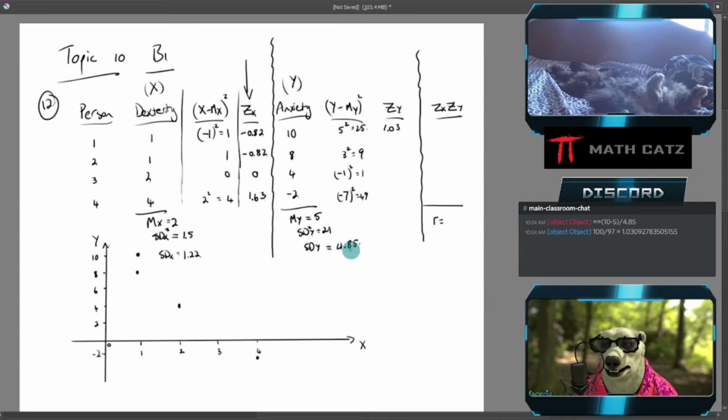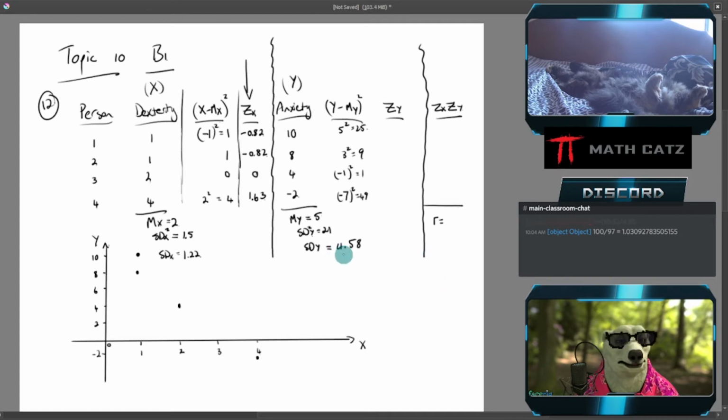Yes, I said 4.85, but it's 4.58. Let's back that up real fast. I, of course, did that on purpose to demonstrate how easy it is to make a mistake. All the mistakes here are on purpose. So we're backing it up.